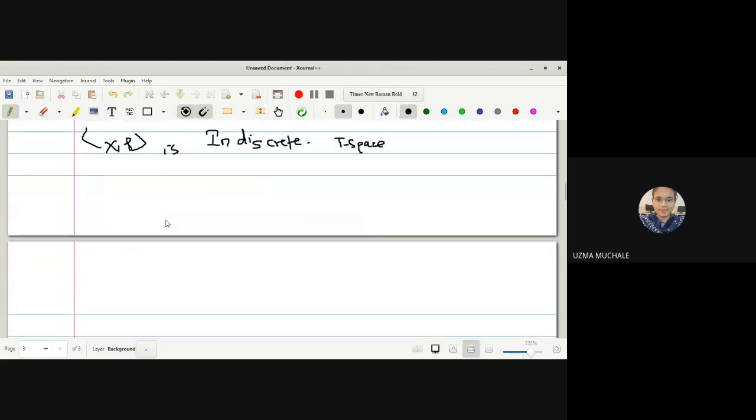Before checking this, first we should check what the derived set is. For an indiscrete topological space, suppose the cardinality of X is greater than or equal to 2, and phi is a subset of E, and E is a subset of X. That means we are taking any non-empty subset E of X. Then what is the derived set of E in this case, when the cardinality of X is greater than or equal to 2?